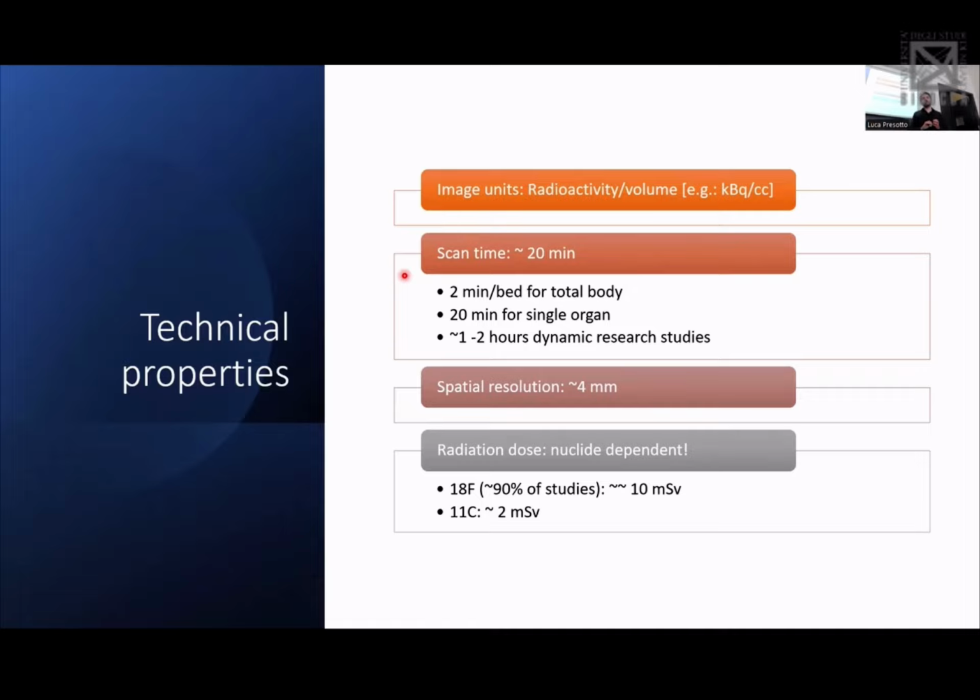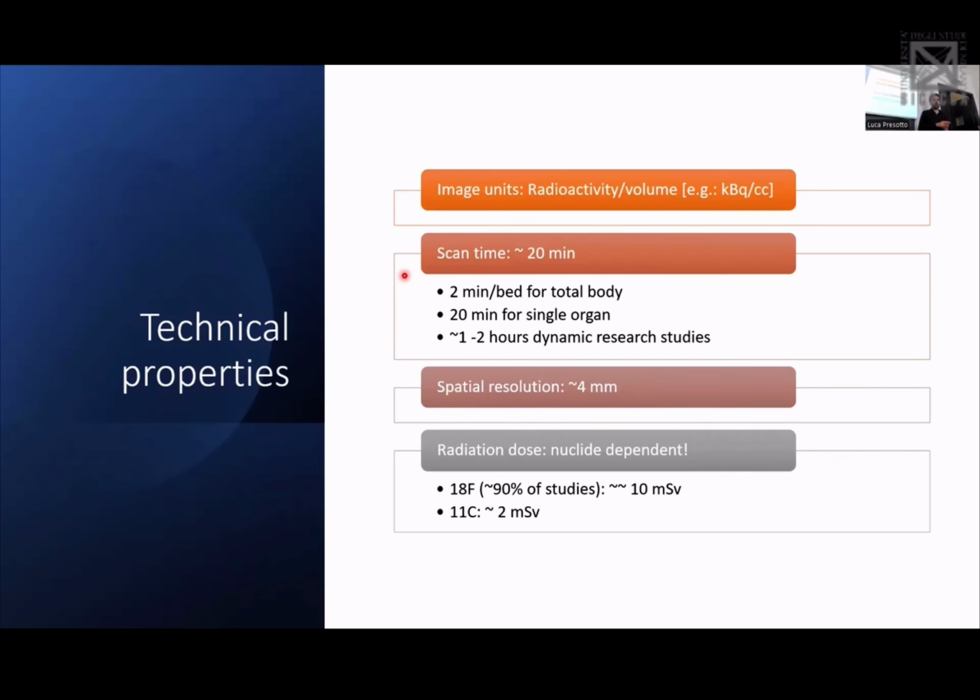Why do you do that? Because as opposed to CT, the emission of X-rays, or gamma rays in this case, is coming from inside the body. And to get low statistical noise, you need to accumulate as many photons as possible. And you have two ways to do that.